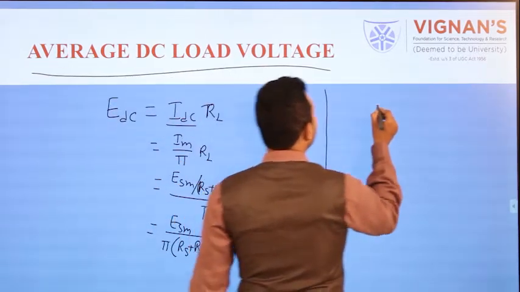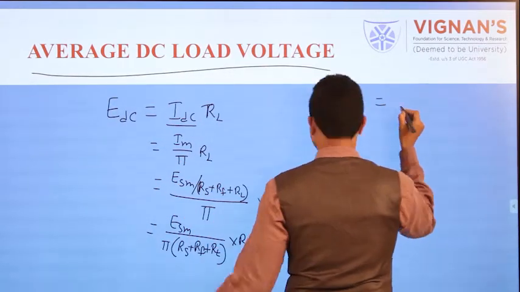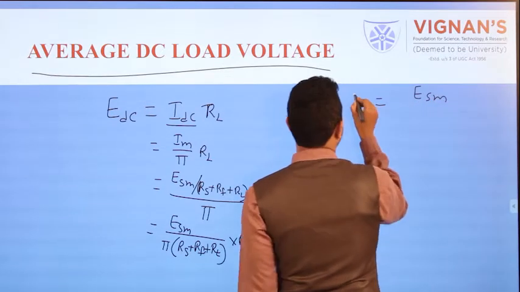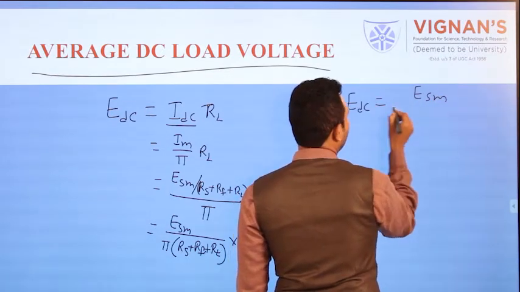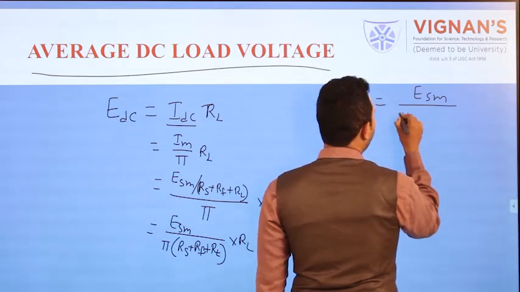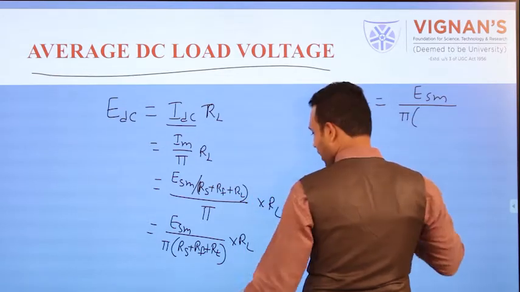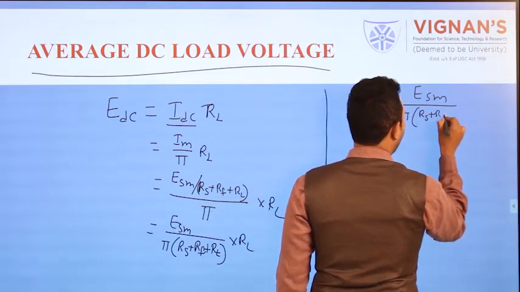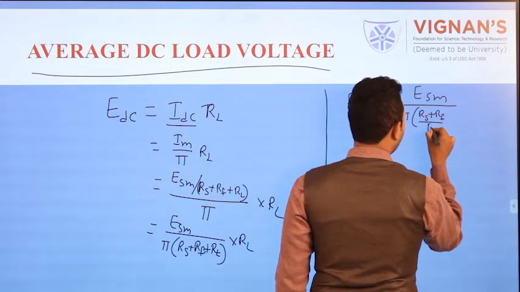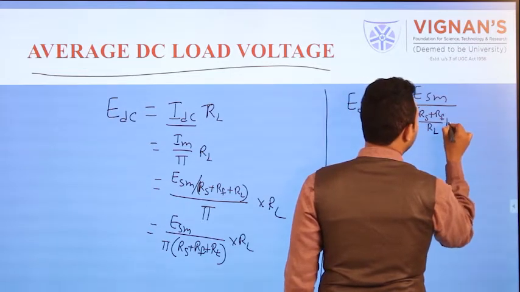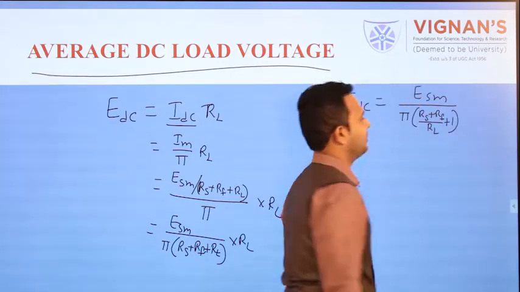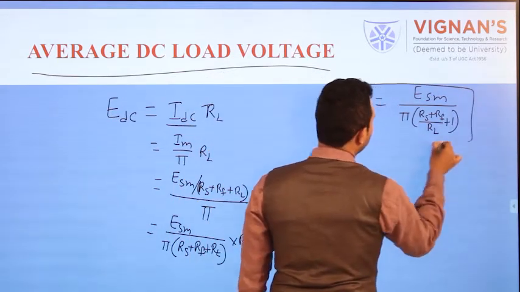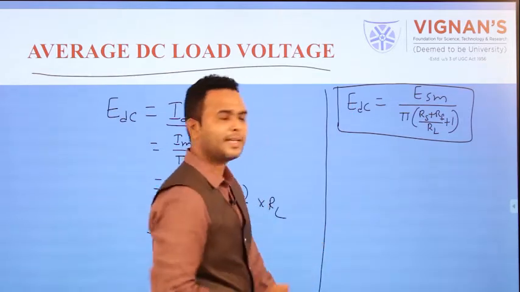So what can we get? EDC equal to ESM divided by pi of RS plus RF divided by RL plus 1. Right? This is the expression for EDC.